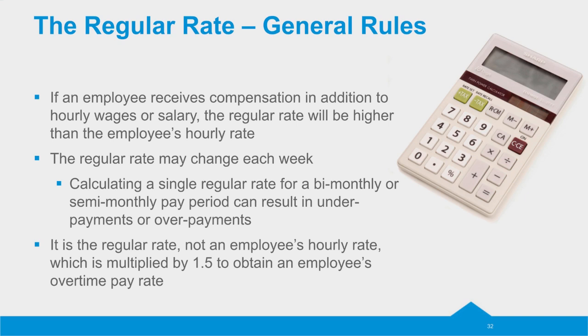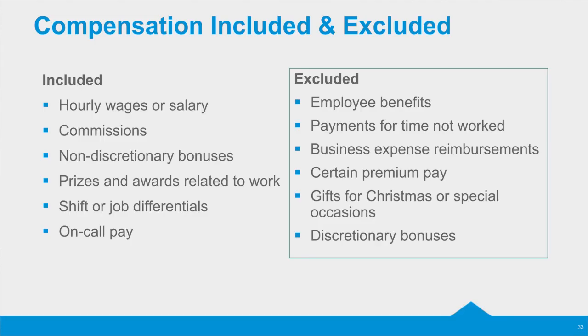They pay either bi-monthly, semi-monthly, or monthly. But you still have to break it down so that you're looking at compensation week to week. And it's that regular rate, not the hourly rate, that's multiplied by 1.5 to obtain the overtime rate. Those are the key concepts of what the regular rate means.